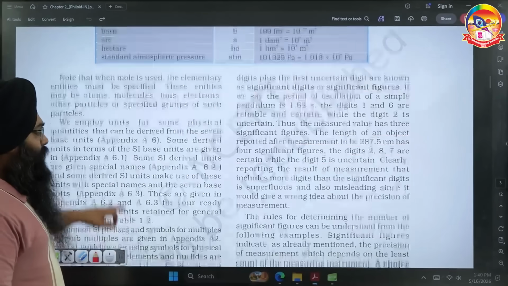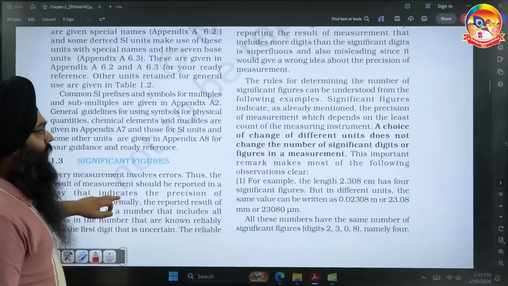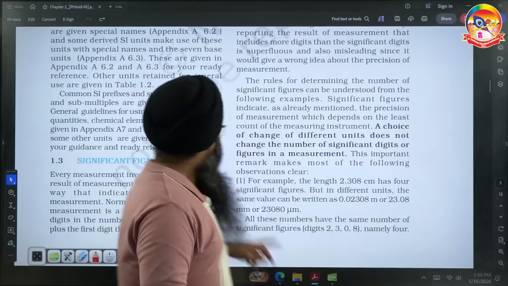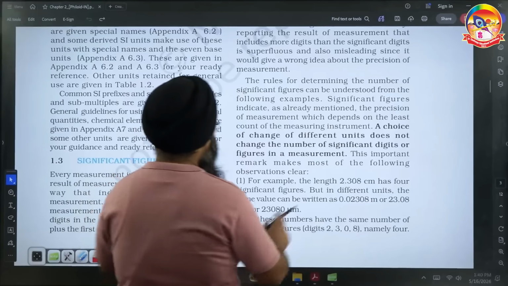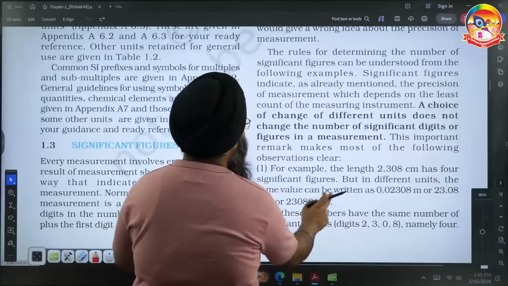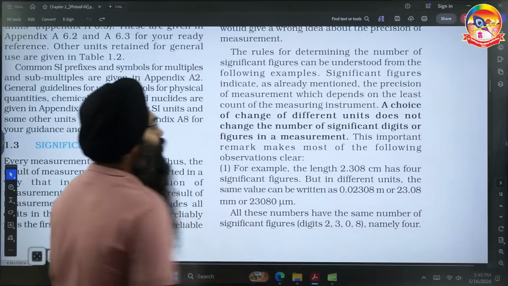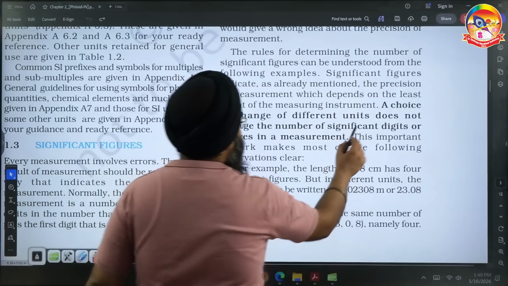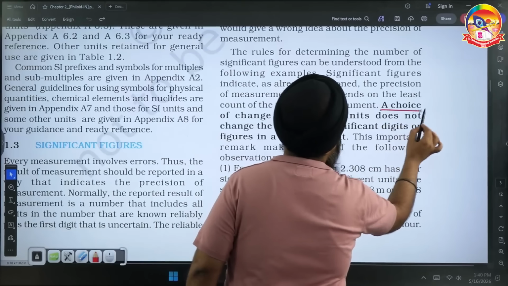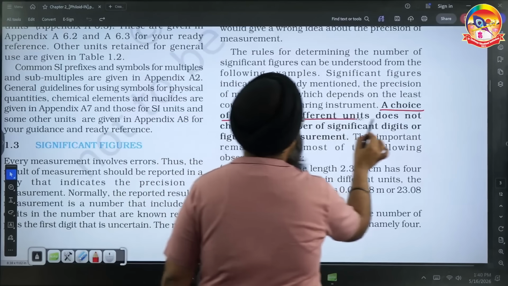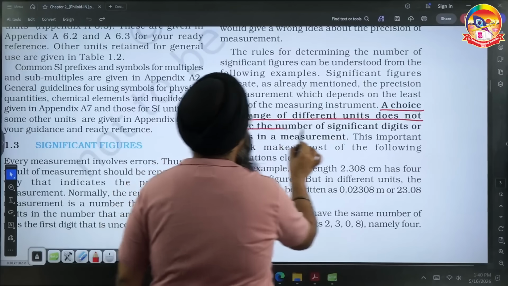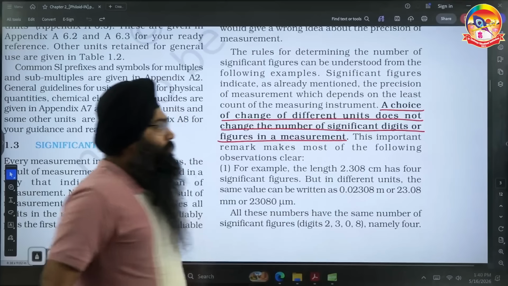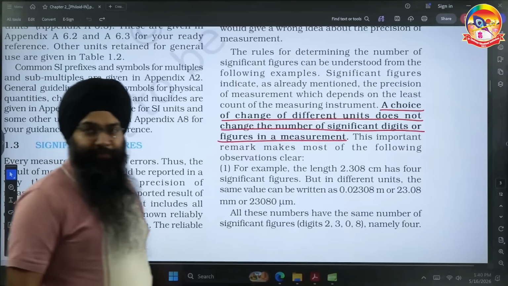Now let us come to the most important logic, that is, what are the rules of significant figures. But before going to that, let me highlight one more important point. There is a statement written here that a choice of change of different units does not change the number of significant digits or figures in a measurement. This is a very important point.